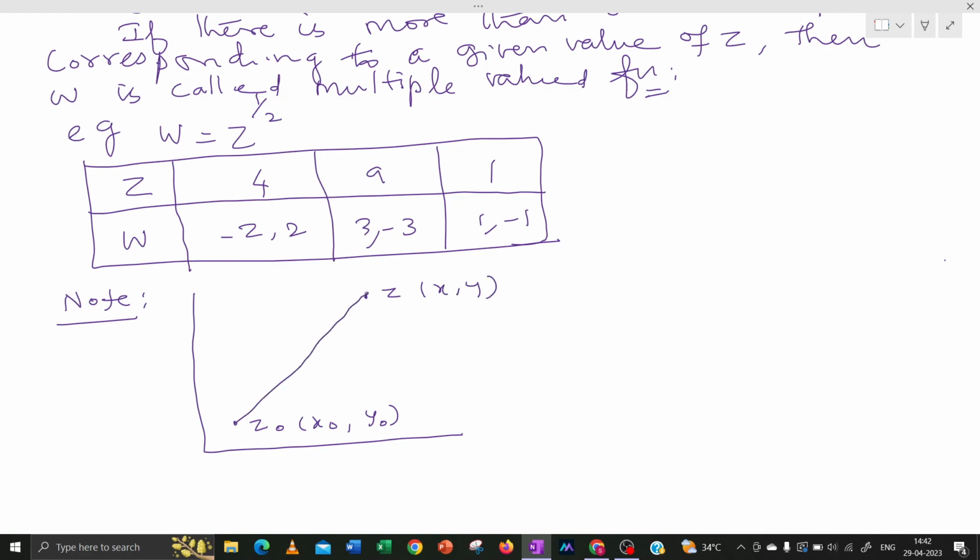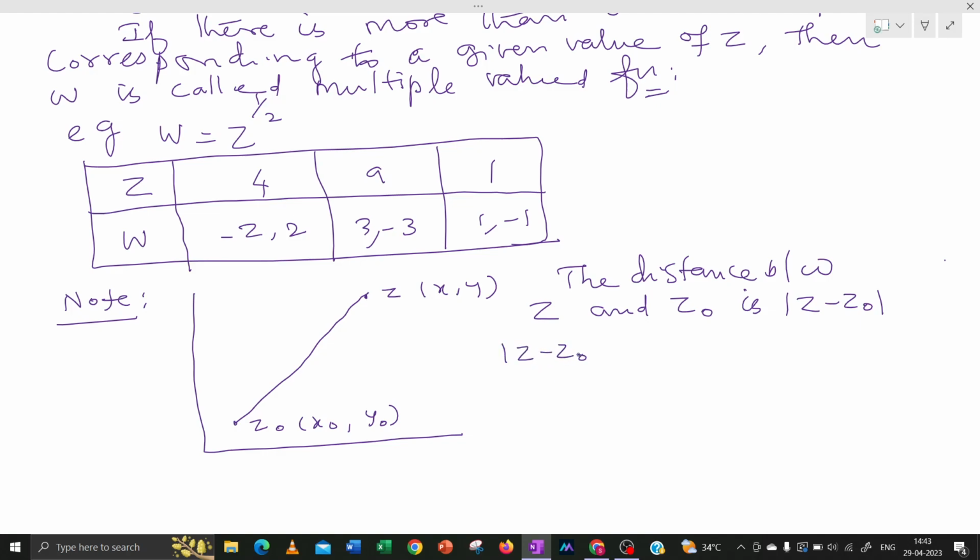The distance between z and z naught is mod z minus z naught, which equals the square root of x minus x naught whole square plus y minus y naught whole square.